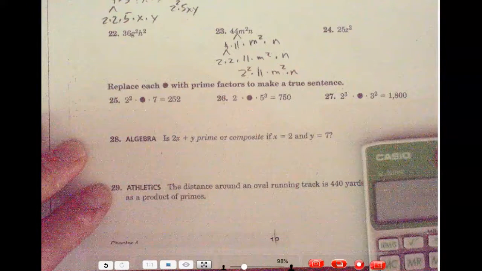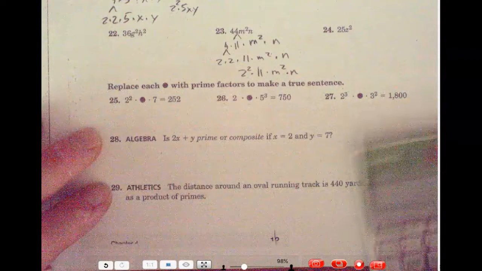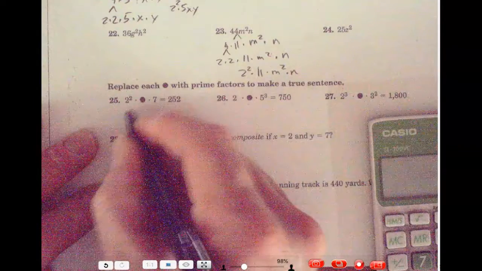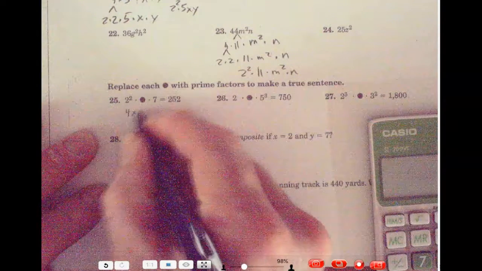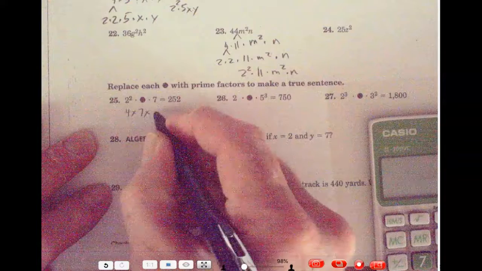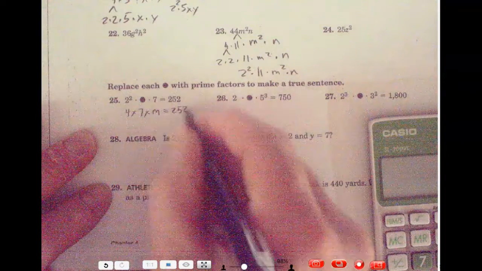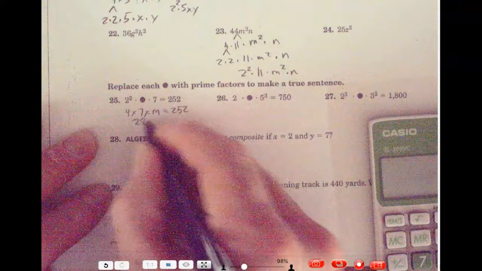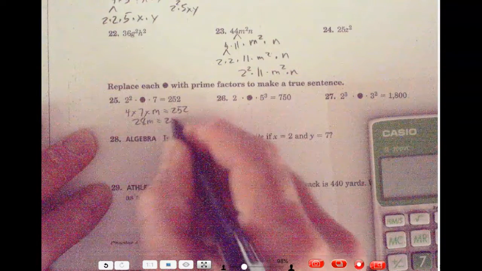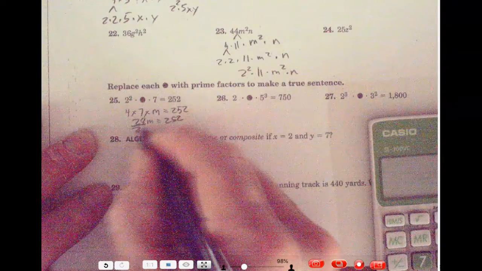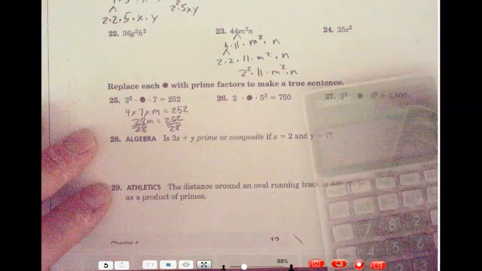Now this is a calculator target, and I think this is where I'm going to use the calculator. So basically what we're saying here is this is 4 times 7 times some letter, let's call it m, and that equals 252. Well, 4 times 7 is like 28 times m equals 252. So I can just divide by 28 on this and see what m is.